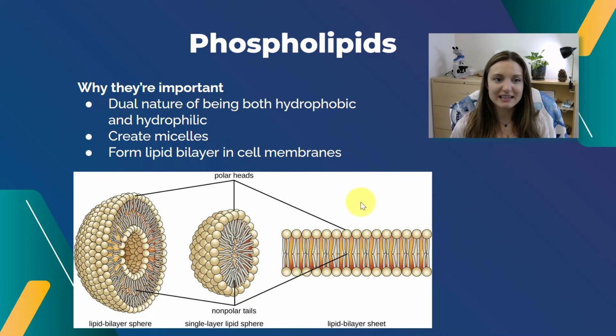And then outside the cell, let's say maybe this was the outside of the cell, cells are usually in an aqueous environment. So these phospholipid heads, these phosphate groups of the phospholipid molecule, would be hydrophilic and readily interact and make bonds with water. Hydrophobic molecules attract each other and clump together in the presence of water.